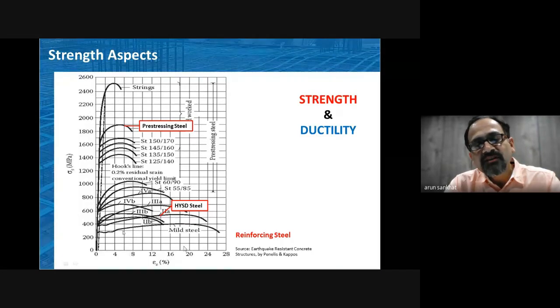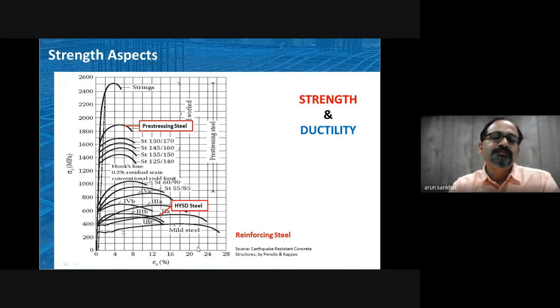But the deformation is good in mild steel. In HYSD steel, deformation is a little less compared to mild steel, but its strength is more. As we go up through the variety of materials, the pre-stressing steel has good strength, but the extension or ductility is very low compared to mild steel or HYSD steel.